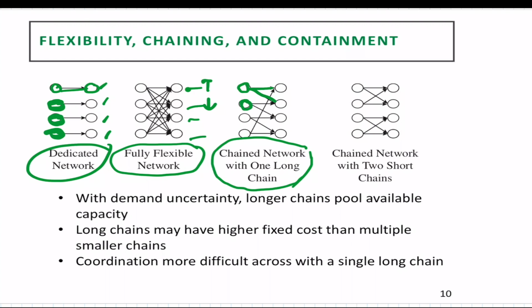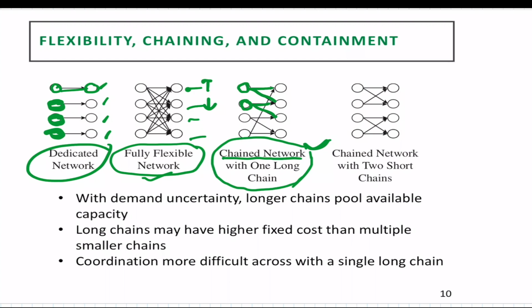Similarly, plant 2 is able to produce products 2 and 3 and so on. Researchers have shown that this type of network is more or less as efficient as a fully flexible network, but this can be achieved at a much lower cost. So this chaining strategy is quite useful in reducing the risk.